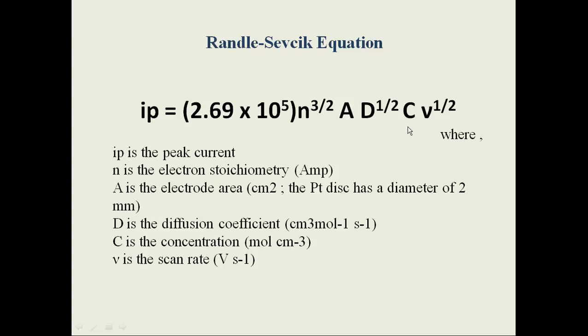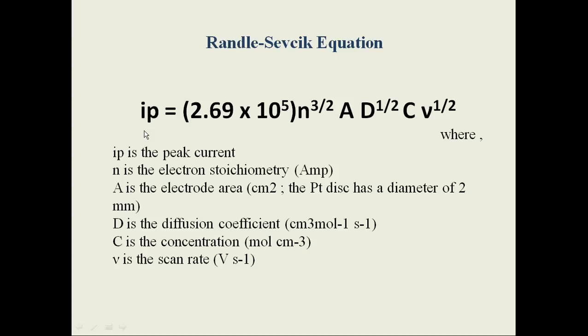If we increase concentration, then peak current will increase, because more analyte will get reduced or oxidized. If we increase scan rate, IP will again increase, because increasing scan rate means changing potential in less time.